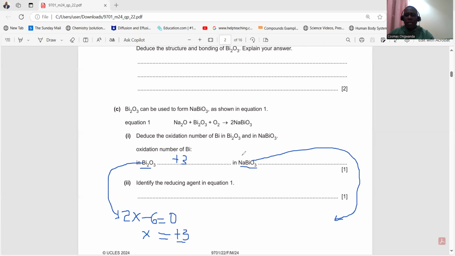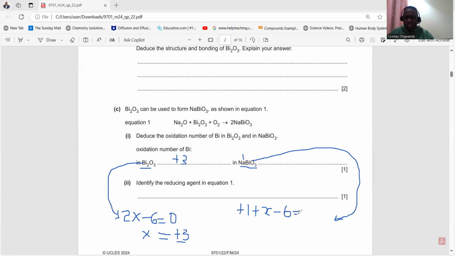NaBiO3. Okay, the assumption that we're going to make here is sodium is in group 1. So the oxidation state for sodium, we're going to take it as +1. Okay, and we have our bismuth there. We don't know its oxidation state, so we are just going to call it X again, okay? And then we have oxygen. Again, our oxygen, we have 3 of them. Each one is carrying -2, so it's going to be -6, okay?